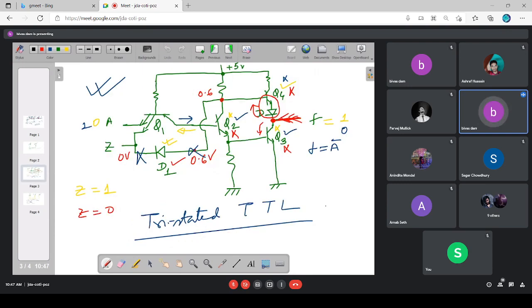This enable input is basically coming here. If that enable input is 1, that means now the output of this TTL will be either logic 0 or logic 1. But if this enable is 0, in that case this will be high impedance state Z. Don't confuse this impedance Z and this signal Z. They are two different things.